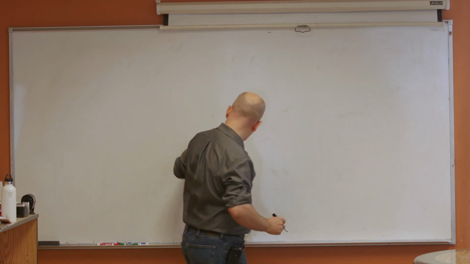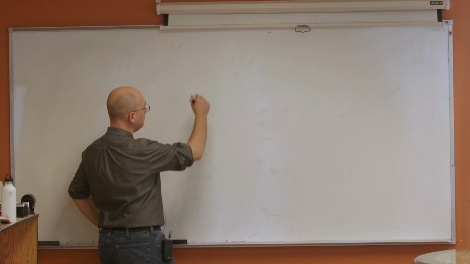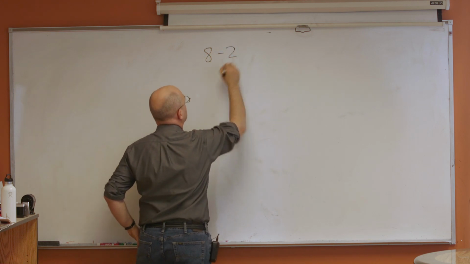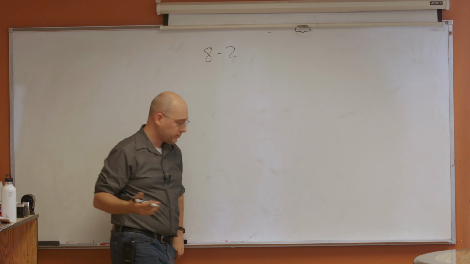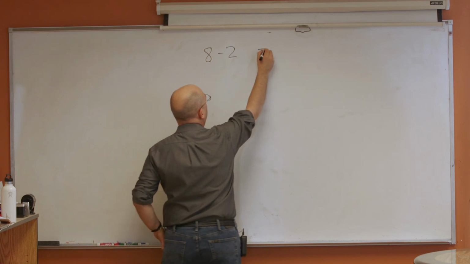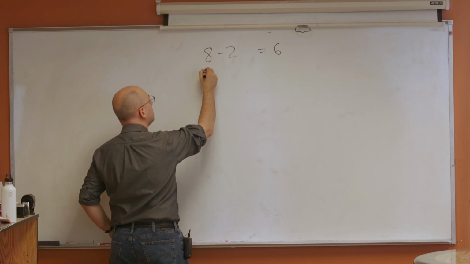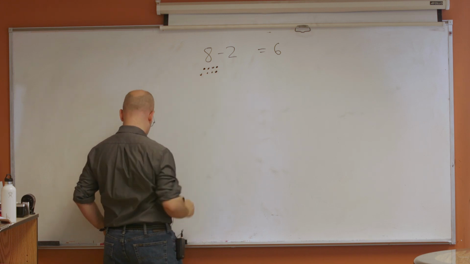All right, so subtraction. What does subtraction mean? Getting rid of or taking away. So 8 minus 2. That's 6. And here, you could do the counting like so.